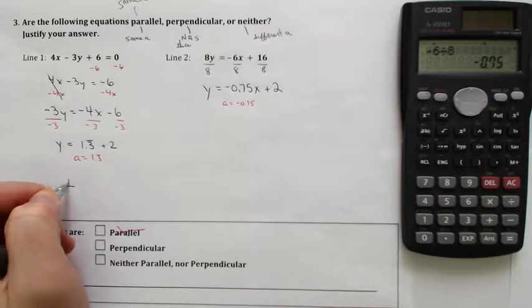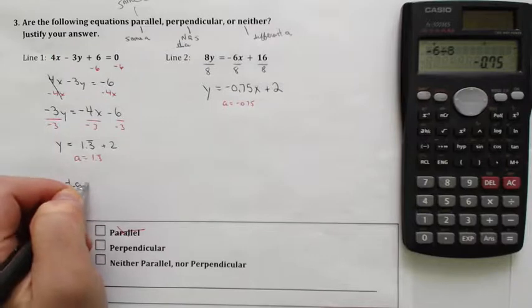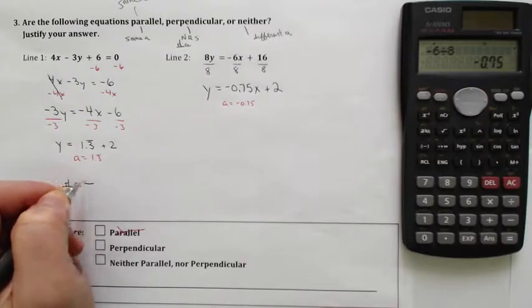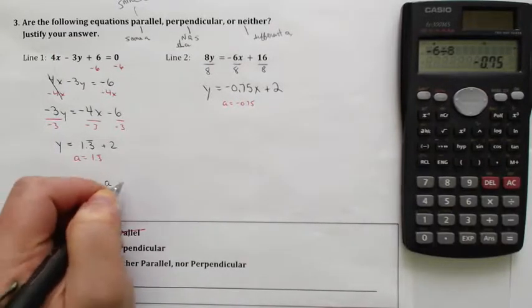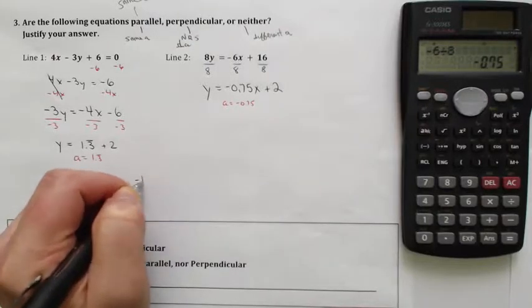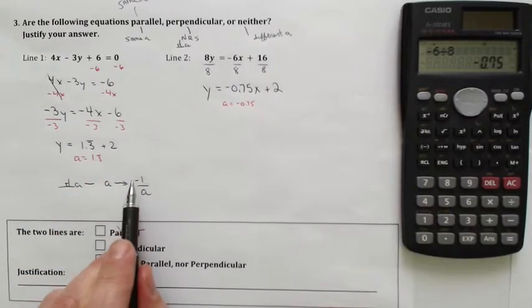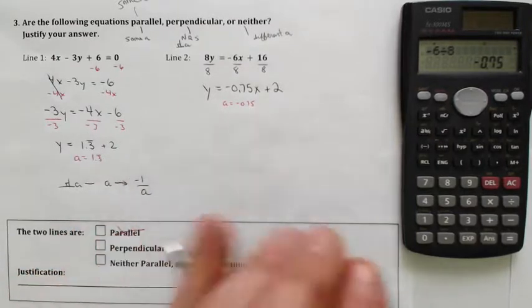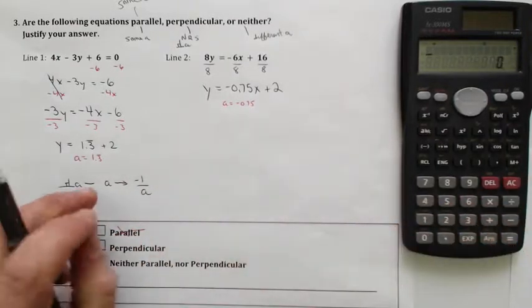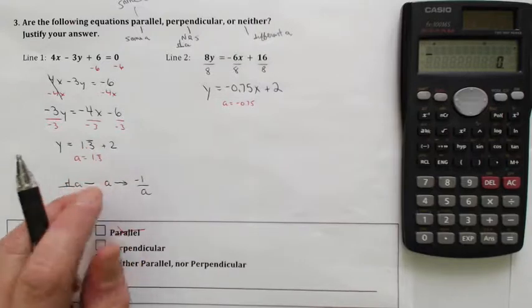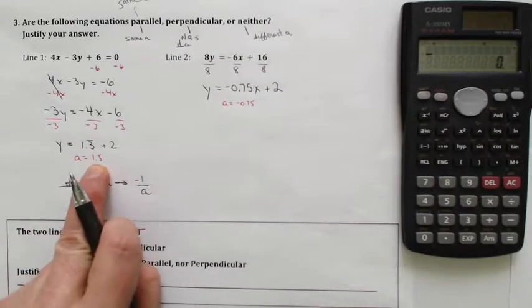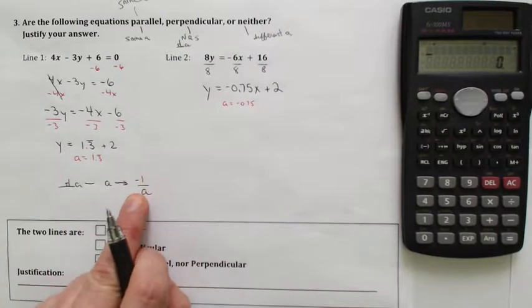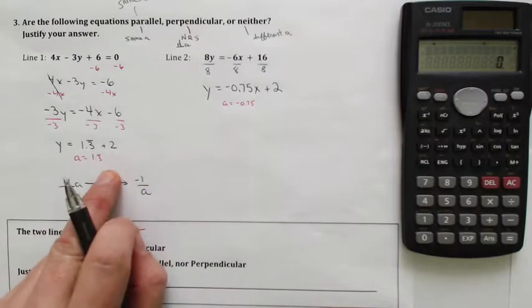I'm going to get that perpendicular A by saying, okay, take your original A, and that's going to change into negative 1 over A, right? So change the sign and flip the fraction. So on the calculator, what we're going to do is go negative 1 divided by 1.3 repeating.